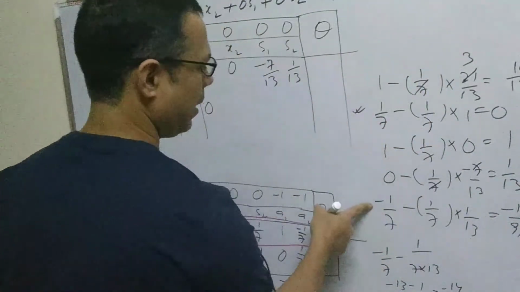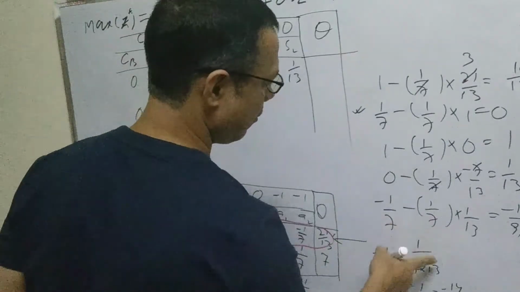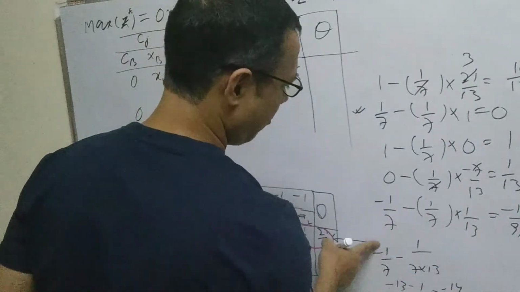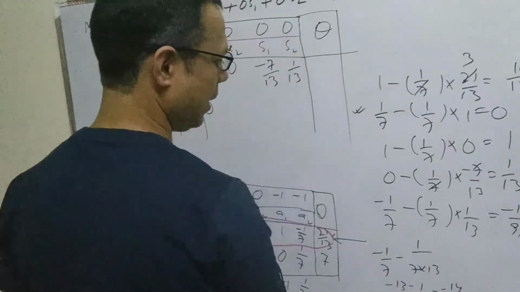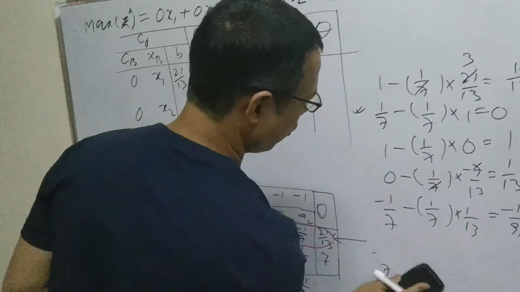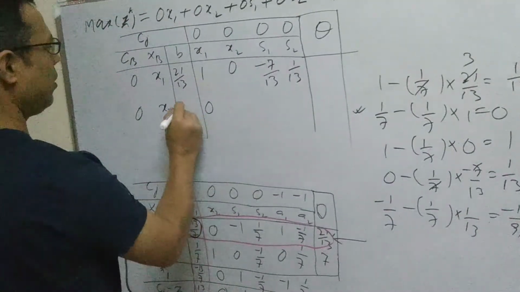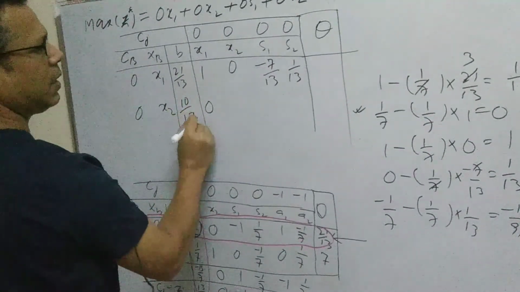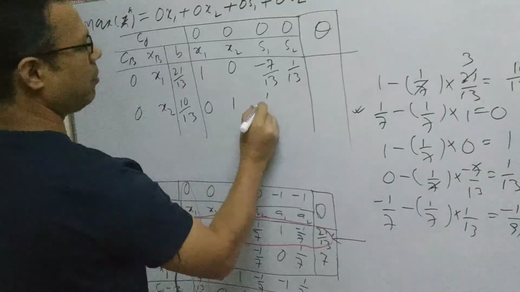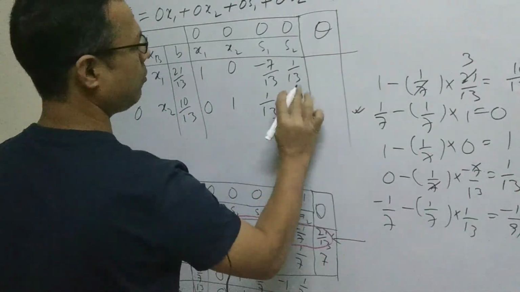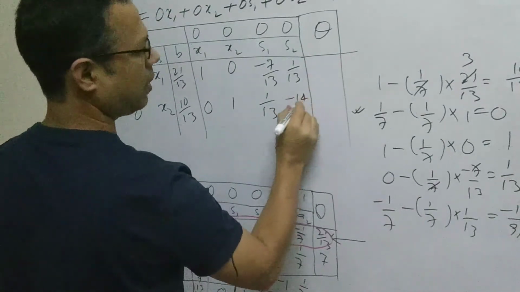Minus 1 by 7, minus 7 by 7 into 13; the 7 cancels, minus 13 minus 1, minus 14 by 13. Okay, I am right. Now we already have this value, so just copy it here: 10 by 13, 0, 1, 1 by 13, minus 14 by 91.